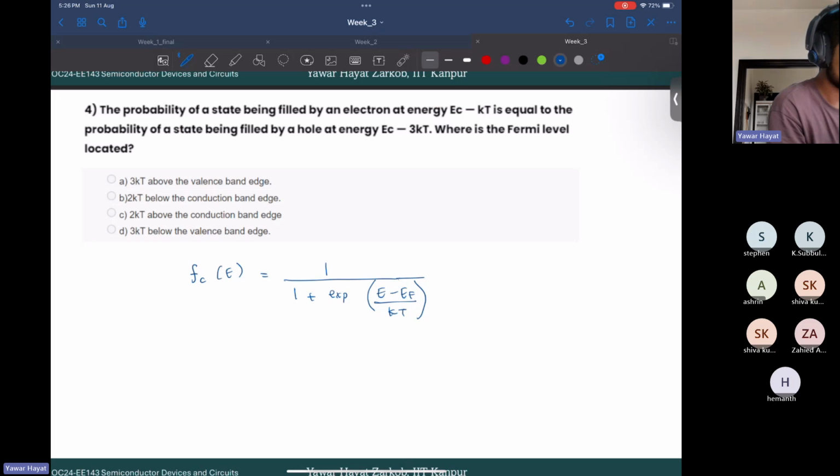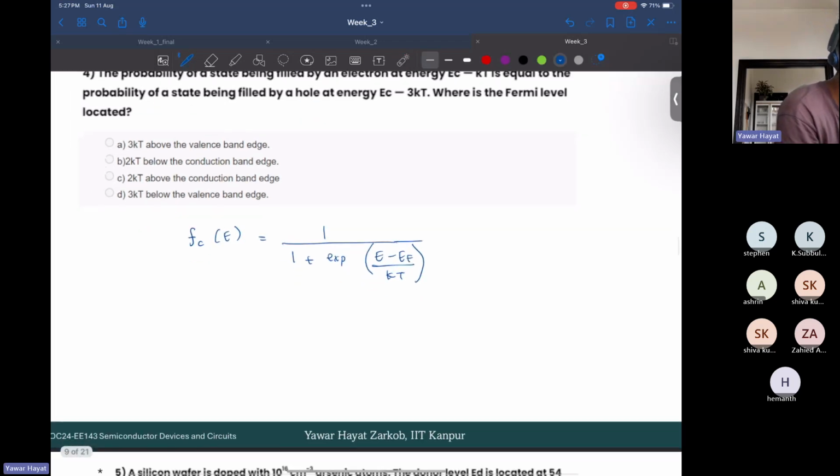And what is the probability of a state being filled by a hole at some energy E? Let's write that.